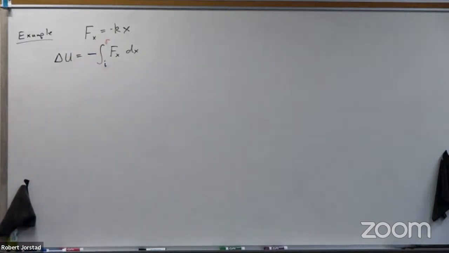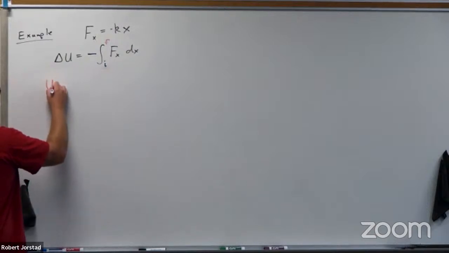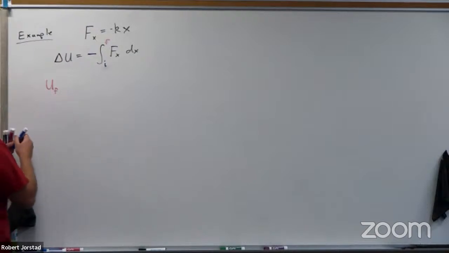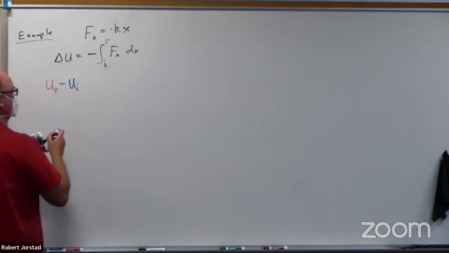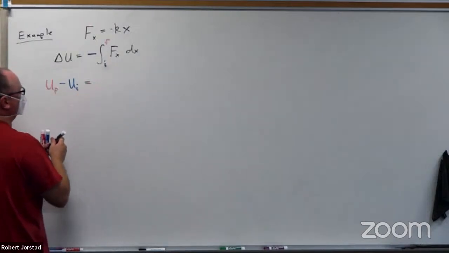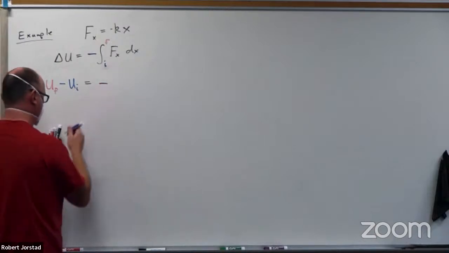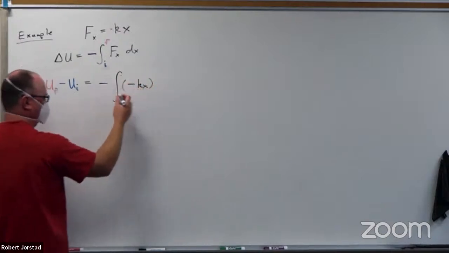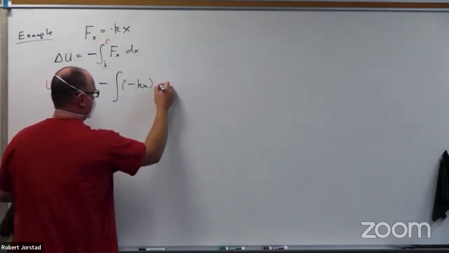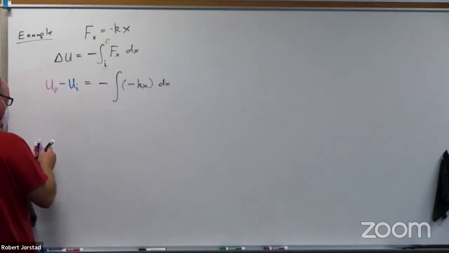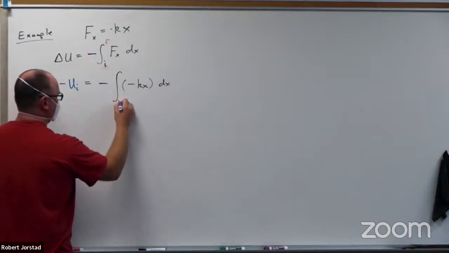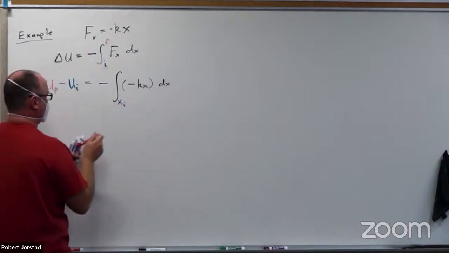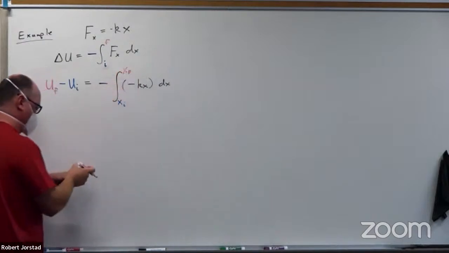In this case, on this side, I'm going to get u final minus u initial, that's delta u, is equal to minus the integral of minus kx. So those minus signs are going to cancel here. And I'll just go from x initial to x final.